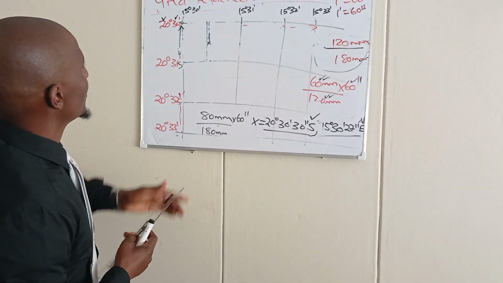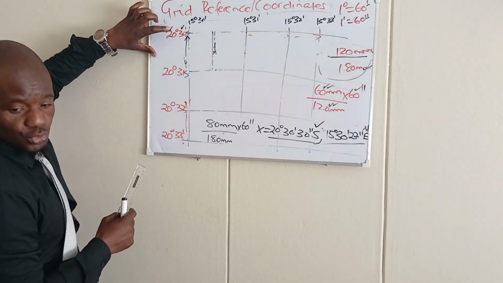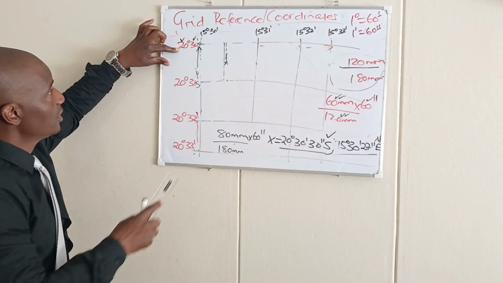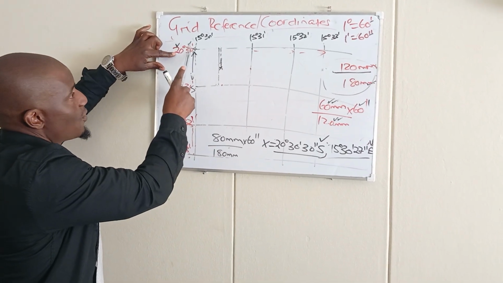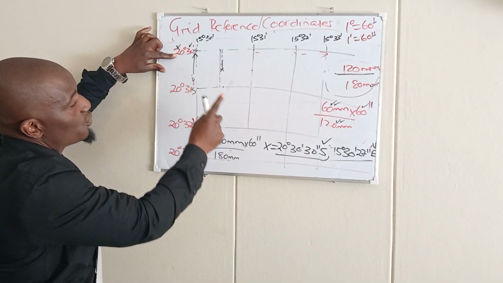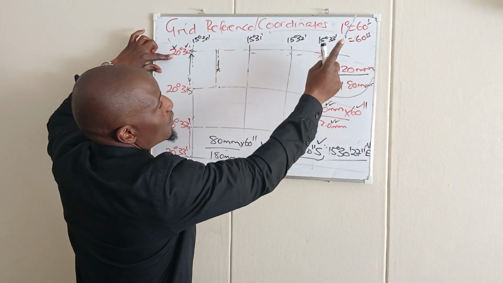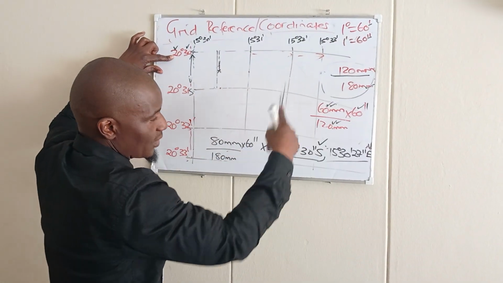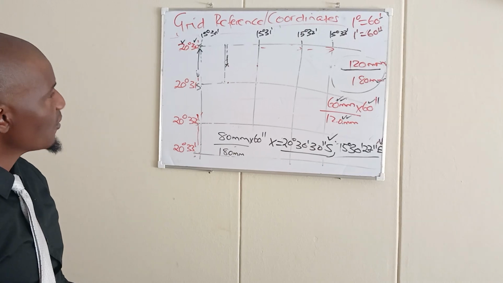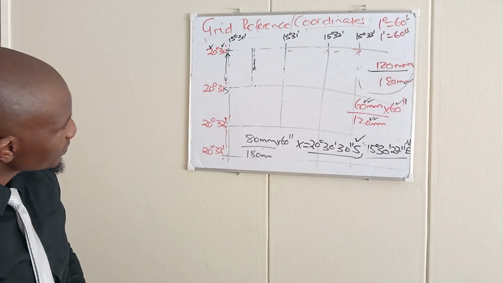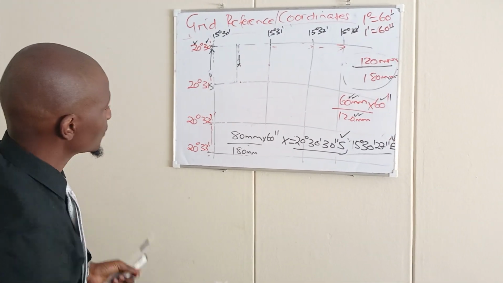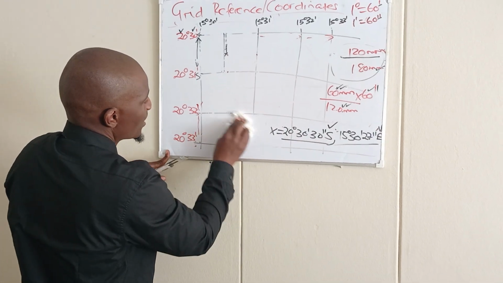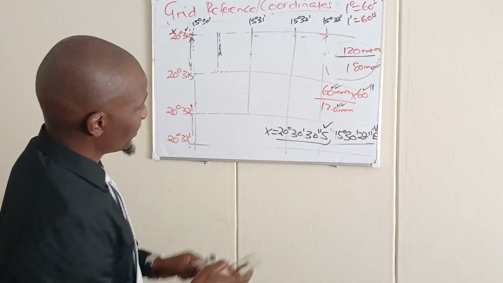So what we are saying now is, this is what is usually shown on your maps. You have got your degrees and your minutes. The only thing you have to calculate when you're calculating coordinates is the seconds, and I've shown how you can do it. You can also have another question that asks you to calculate, and I'm going to demonstrate now. You are given the coordinates the way they are.